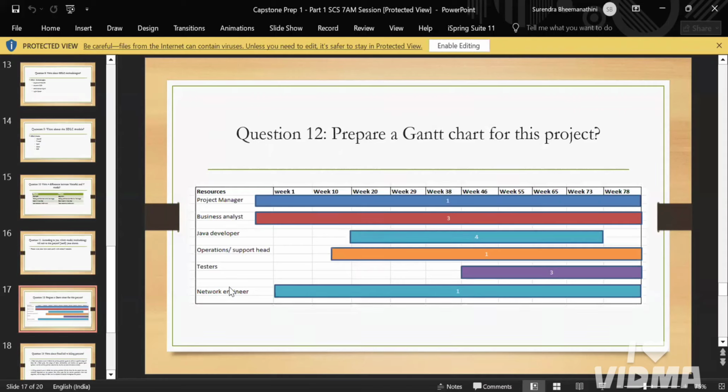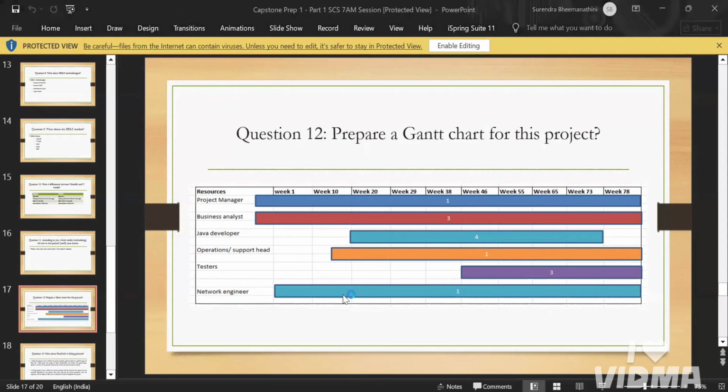Here you need to prepare the Gantt chart based on the project. The Gantt chart is nothing but a graphical representation, or we can say a visual representation. Here you can see the Gantt chart, right? We need to prepare this Gantt chart based on the resources and the timeline.